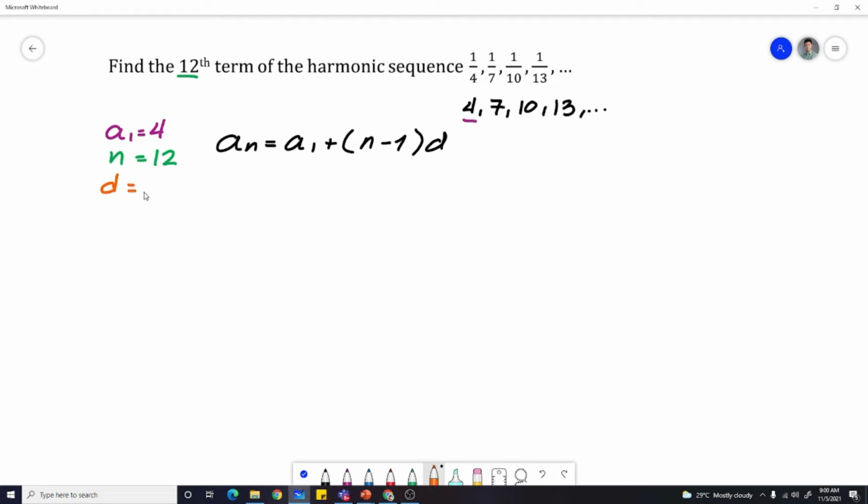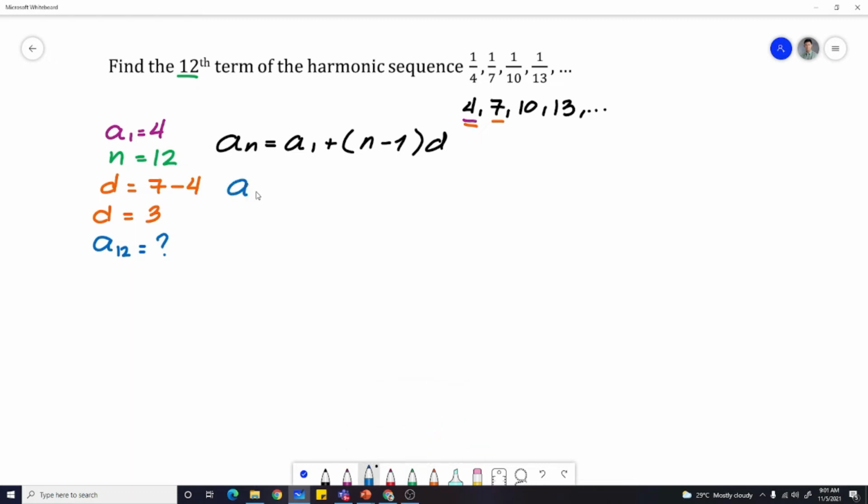To get the common difference, we get the second term, 7, minus our first term, which is 4. So our common difference is equal to 3. And we're looking for the value of the 12th term, so a sub 12 is missing. We're going to solve for a sub 12.